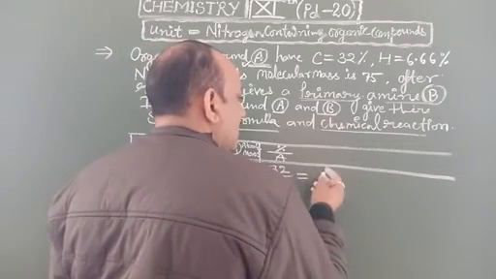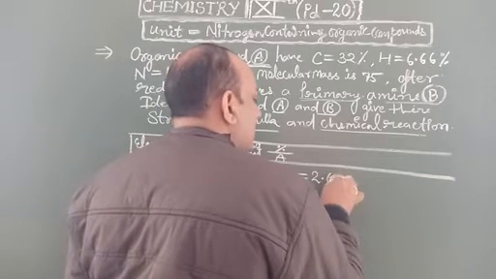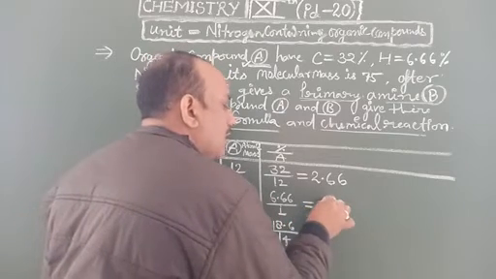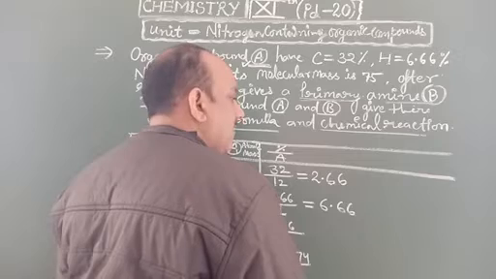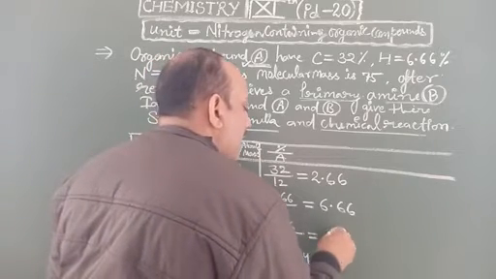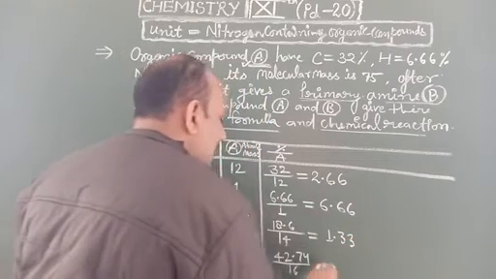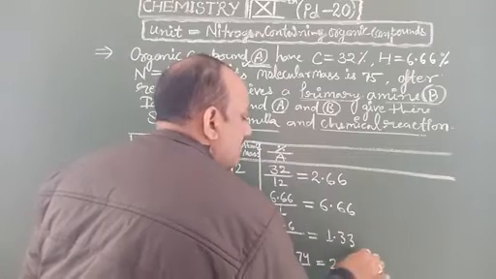For carbon, the estimated value is 2.66, for hydrogen 6.66 because it is divided by 1, for nitrogen 1.33 and for oxygen 2.67.